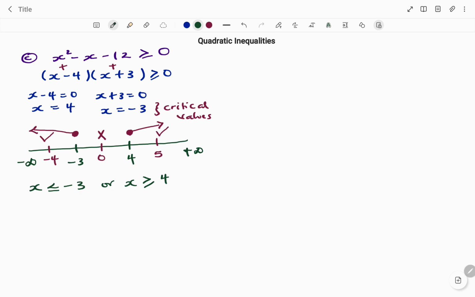So if I put that together, I have points from -infinity to -3. -3 is inclusive because of the equality sign, so I'm going to use my square bracket. Union of, I'm starting from 4. 4 is included, so I'm putting my square bracket, to positive infinity, close bracket.